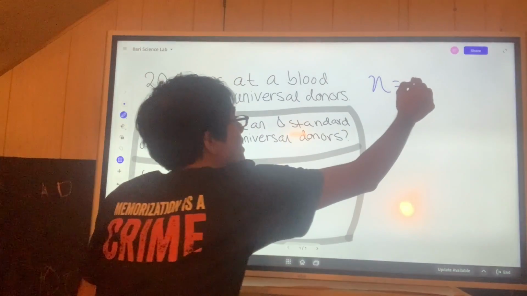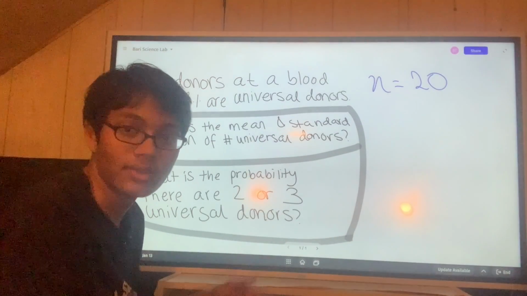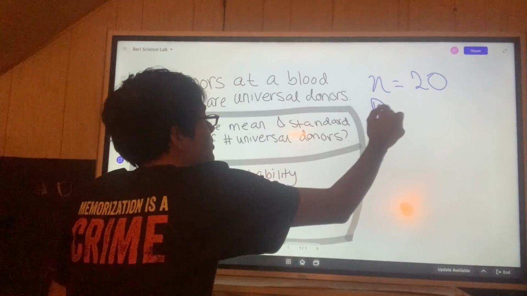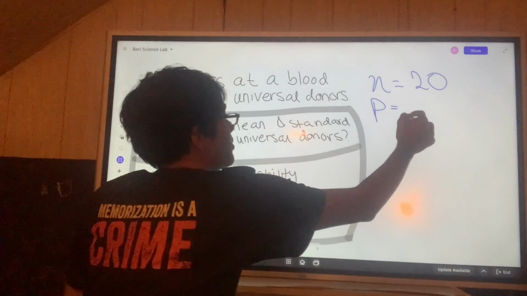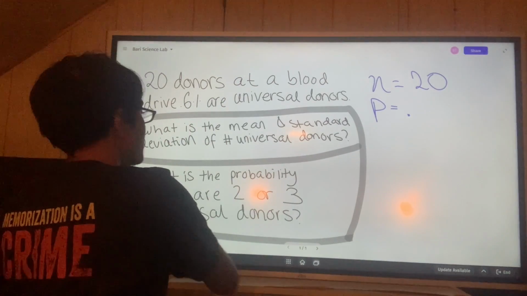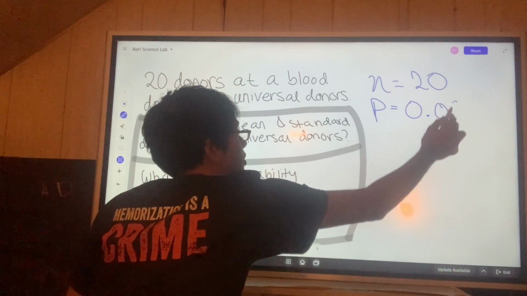So that's going to be 20 donors, or it can be thought of as the number of trials. 6% are universal donors. That means my proportion of success is going to be 0.06, or sometimes we like to put the 0 out in front. So instead of .06, let's write 0.06.